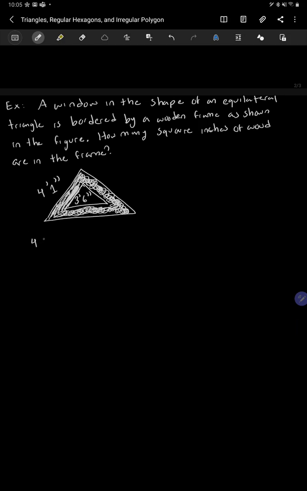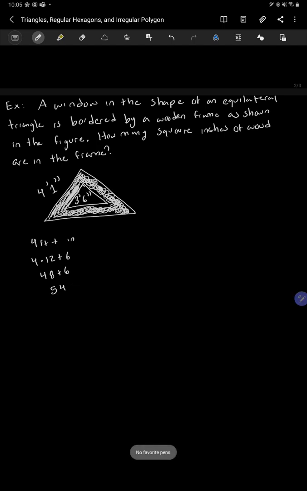So what do we have? We got 4 feet plus 6 inches, which is the same thing as 4 times 12 plus 6, which gives us 48 plus 6. So we got 54 inches. Oops, sorry about that.